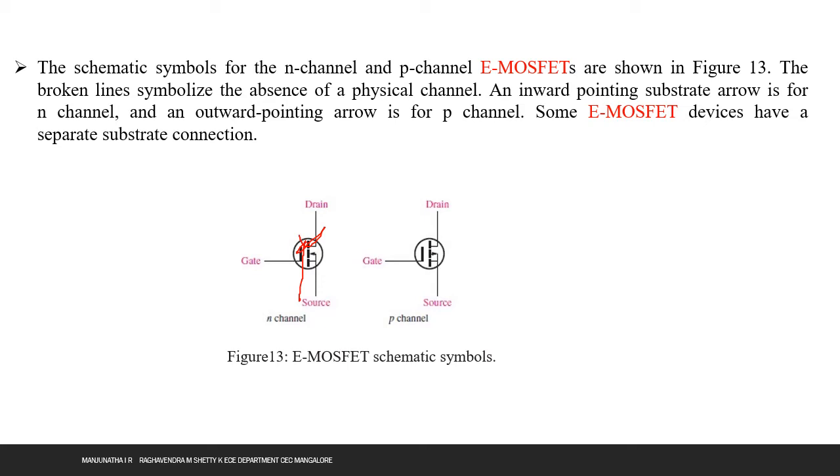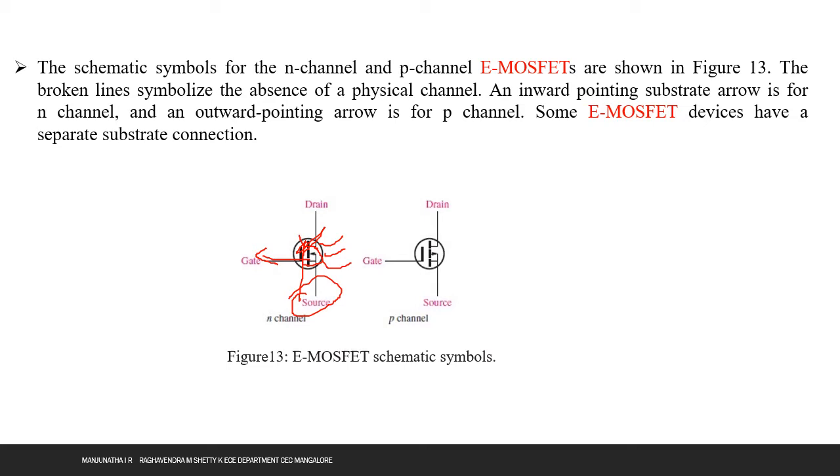An inward pointing substrate arrow is for N channel. Here there is a source, and here there are three connections. We can observe the arrow, and this arrow is inward, meaning towards the gate.